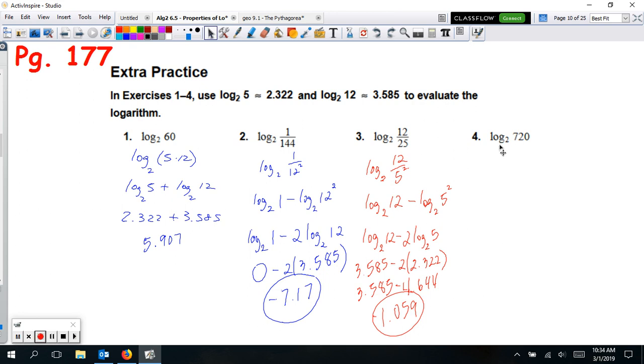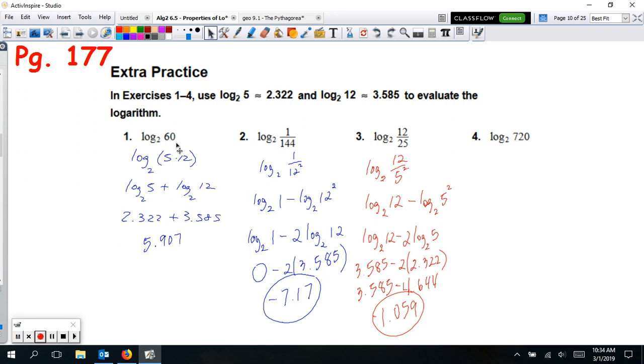And then we come over to number 4, 720. That might be the harder one to think of. We got to somehow use 5 and 12 or both to figure out how to get to a 720. Well, if we think about it, remember 60 was 5 times 12, and if you multiply 6 times 12, that's 72. So that might help.